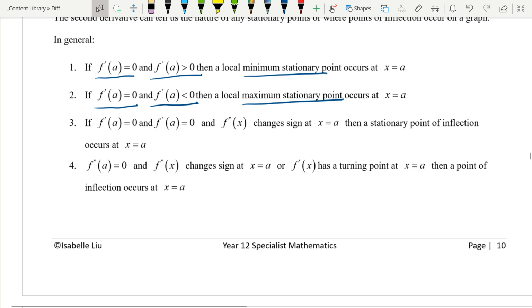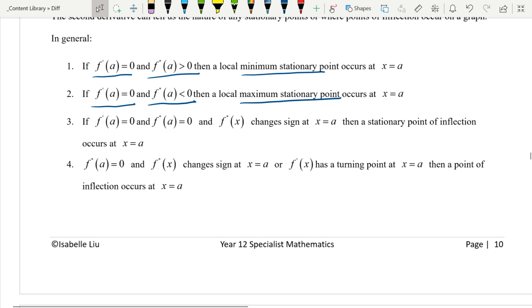Number 3 is important, and everyone needs to pay attention to step number 3 and step number 4. We only need 2 conditions to conclude whether it's a maximum or minimum stationary point. But I need 3 conditions for a stationary point of inflection. First, the first derivative must be 0. And the second derivative must be 0.